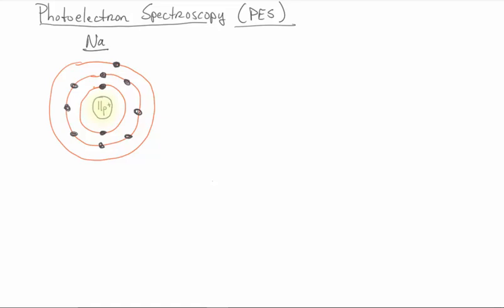So what I've got drawn here is Bohr's model of a sodium atom. I want to remind you of a term I hope you know called ionization energy. Remember, ionization energy is the energy required to remove an electron.